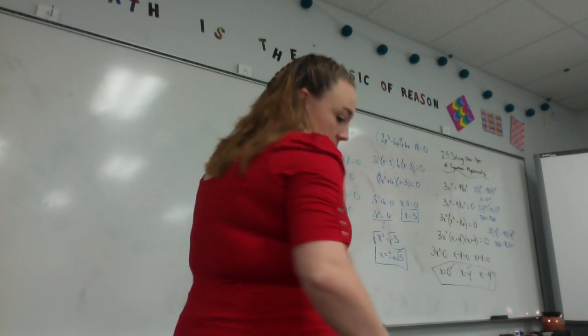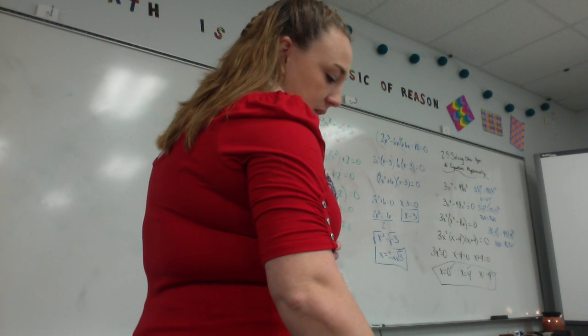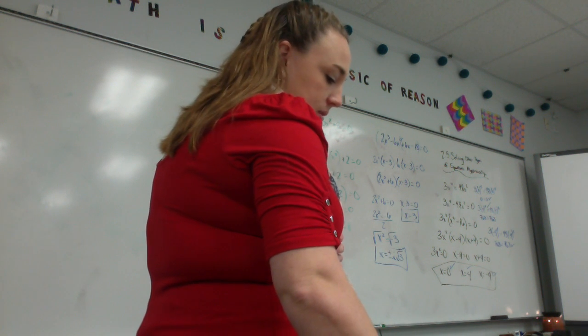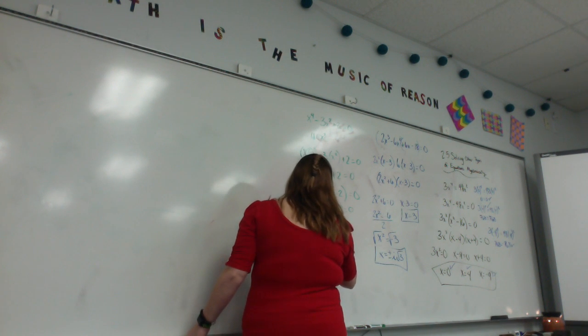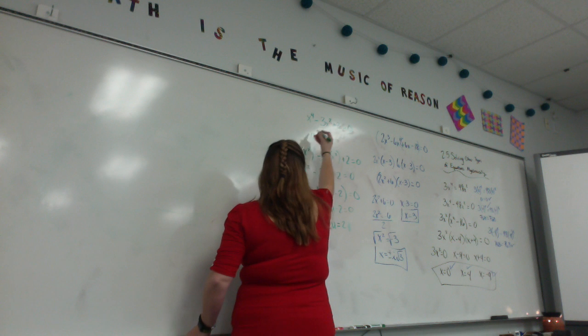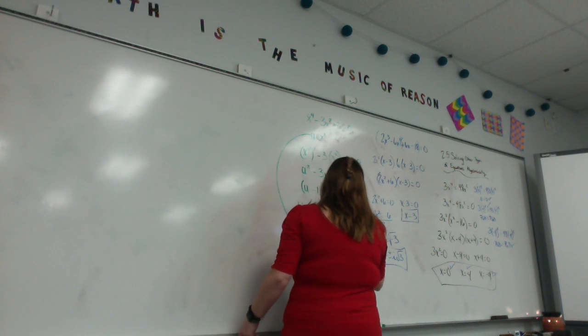So x squared equals 1, because u itself is x squared, and x squared equals 2.